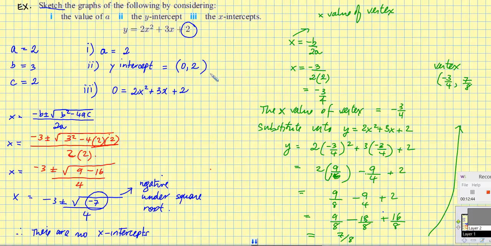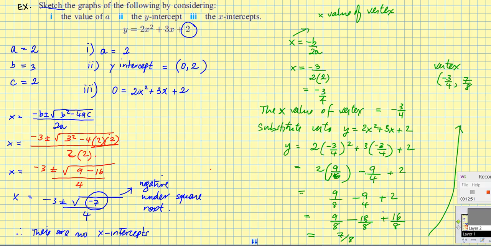Now if we're going to graph this, we have enough information to be able to graph. In graphing, we have our y-intercept, and our y-intercept was found at 0, 2.